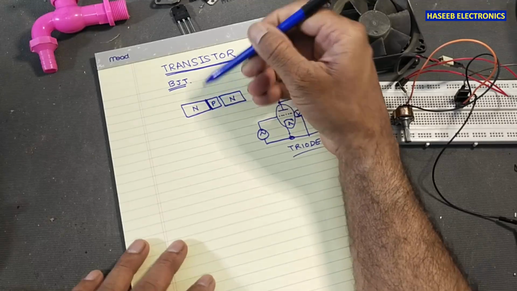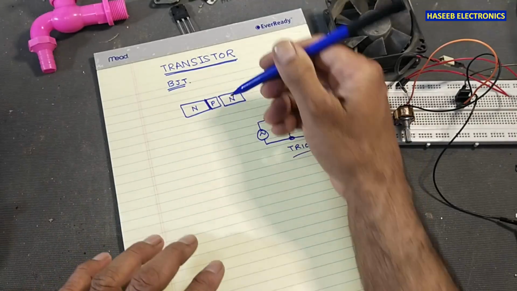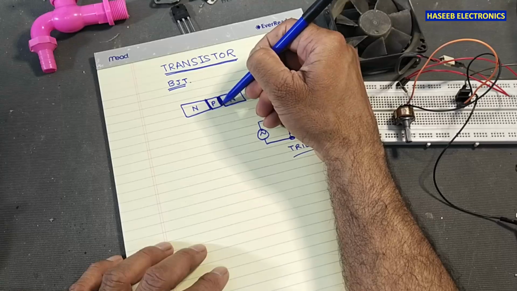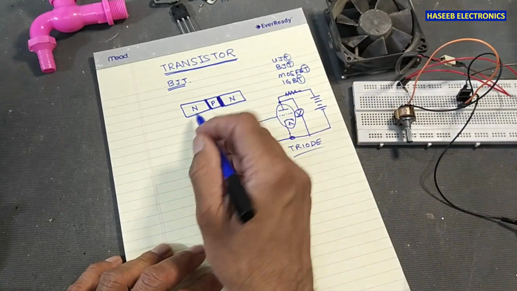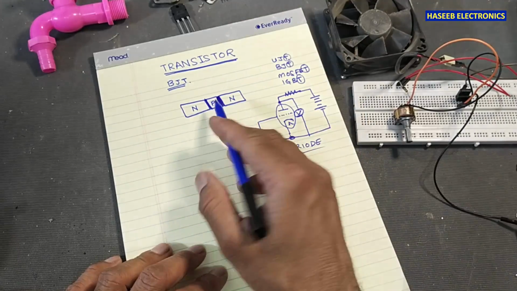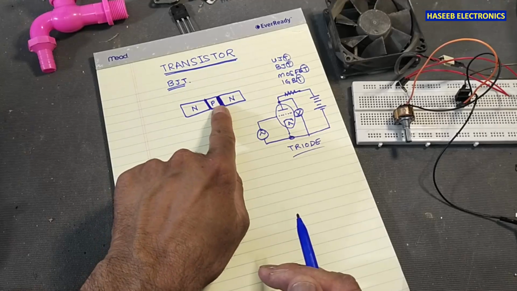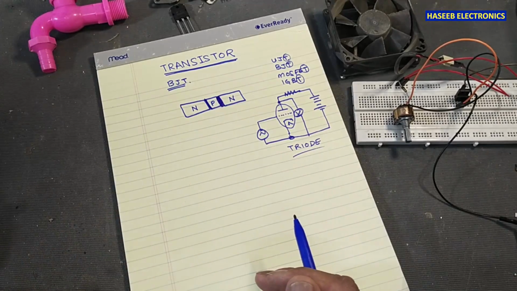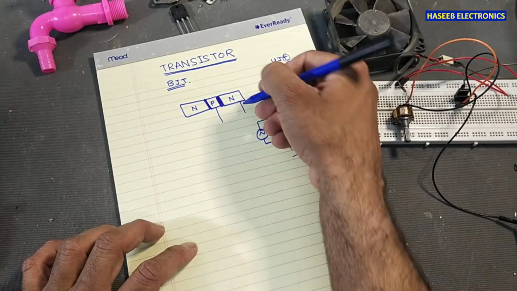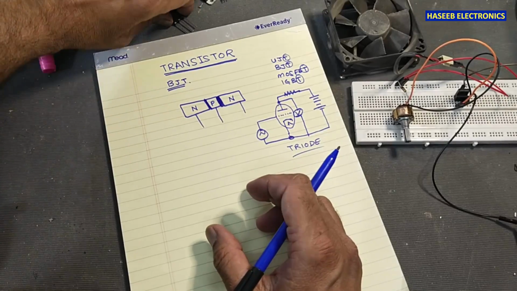What is a junction? The boundary between two materials is called a junction. So here we have two junctions. When it has two junctions, it is called a bipolar junction transistor. Bi means two junctions. Two junctions, three terminal device. If we place one pin here and a second pin here, it is a three terminal device.